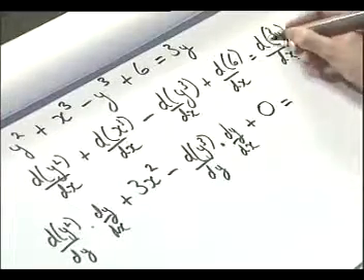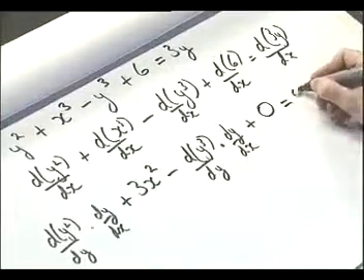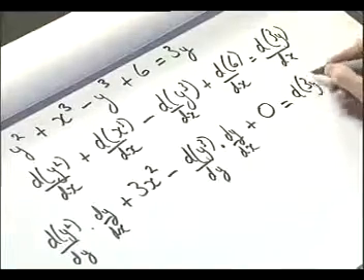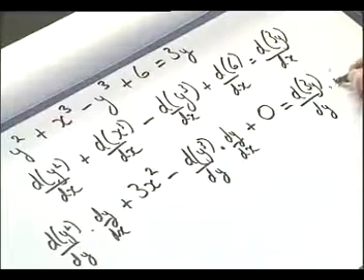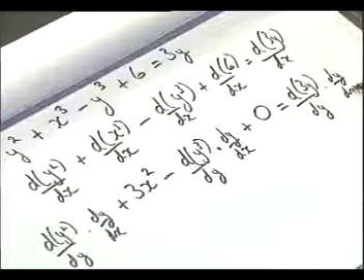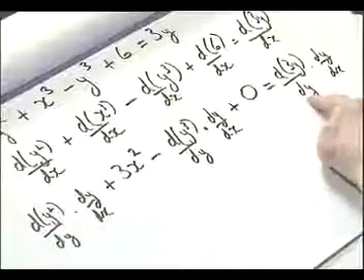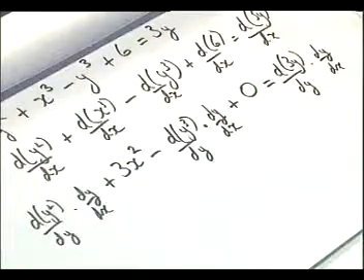Equals, and again we want the derivative of 3y, so our chain rule tells us this is the derivative of 3y with respect to y times dy by dx. And now we can go back and work out each of these derivatives with respect to y.